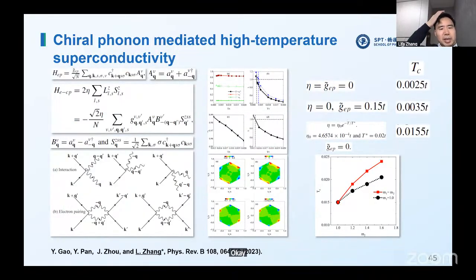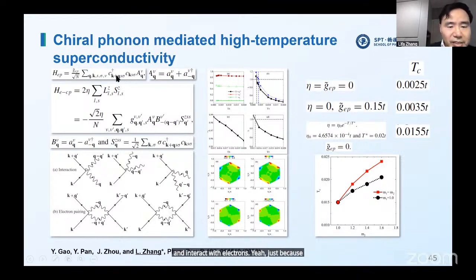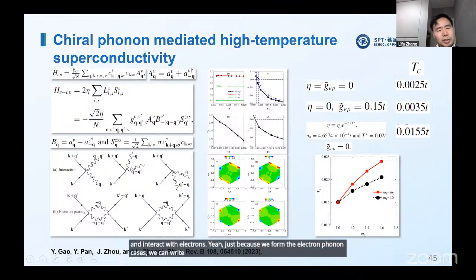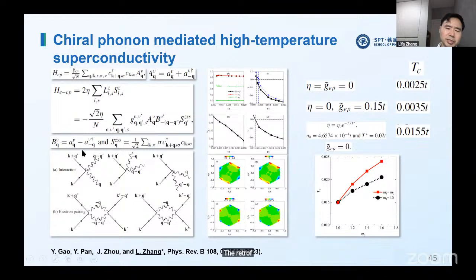We also did some trial on how phonons interact with electrons. From the electron-phonon case, we can write the electron-phonon interaction in other terms.